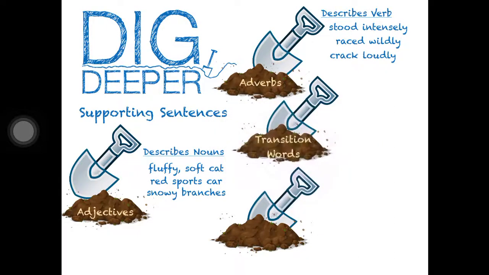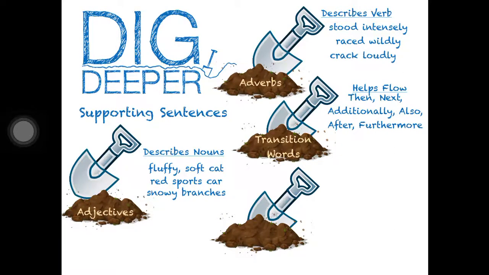The next thing that we can add are transition words. Okay, transition words are generally added to the beginning, and it just helps the flow of reading. Sometimes you'll add it to this first supporting sentence, but a lot of times you'll wait until your second or third supporting sentence to add your transition words. Let's look at some of the options for transition words.